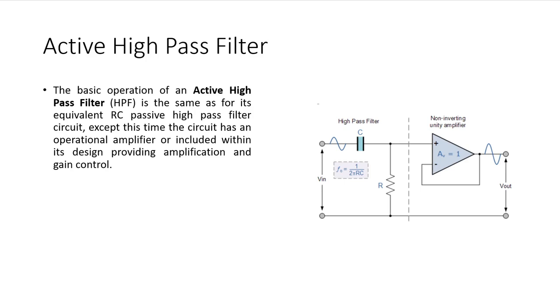The high pass filter is just the same as the low pass filter, but here things get interesting, because we have a limited bandwidth amplifier and a high pass filter.